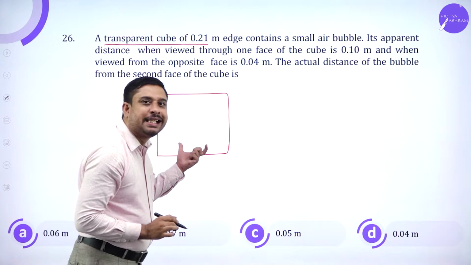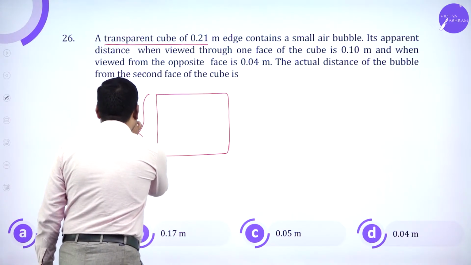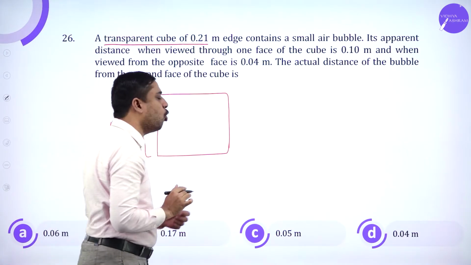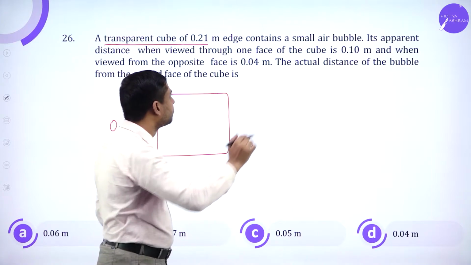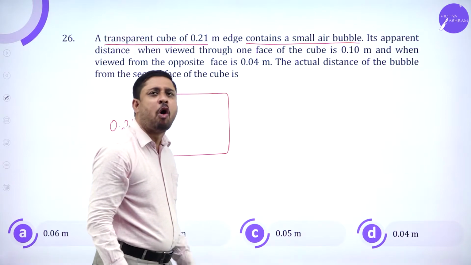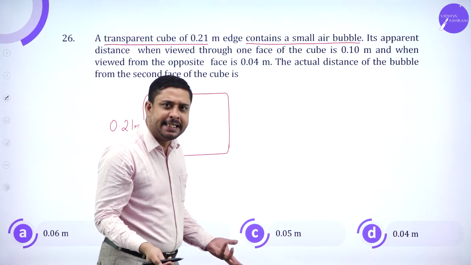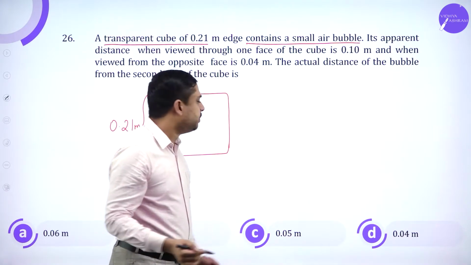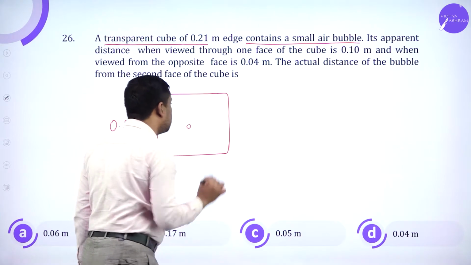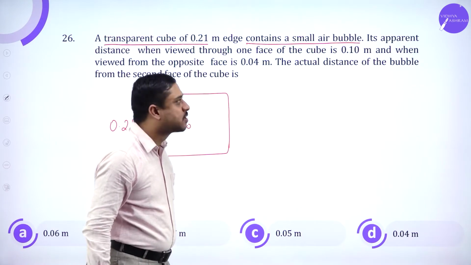The edge length is 0.21 meter. It contains a small air bubble. Where it is, is not given. Inside the cube, somewhere there is a small air bubble. I assume somewhere here. Now comes the interesting part.